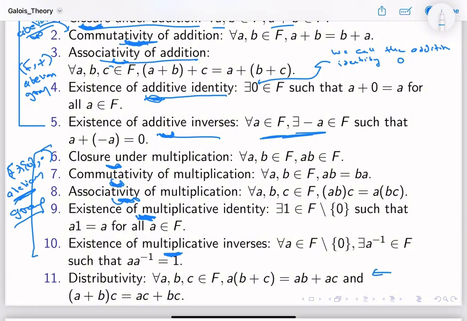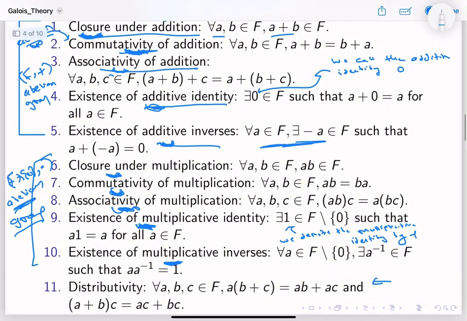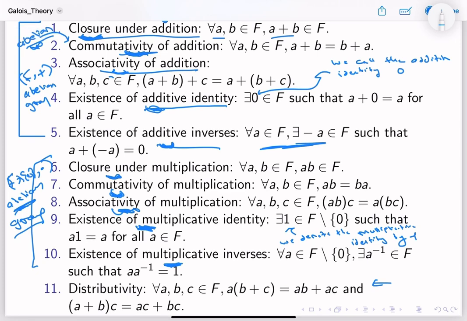So we're denoting the additive identity of the field by 0, and we denote the multiplicative identity by 1. We're gonna take some examples now, but let me just state these important things. The other important note that I wanted to make is that we're denoting multiplicative inverses by a to the negative 1. So this notation we'll be using over and over again. This is why I'm stressing it right here.